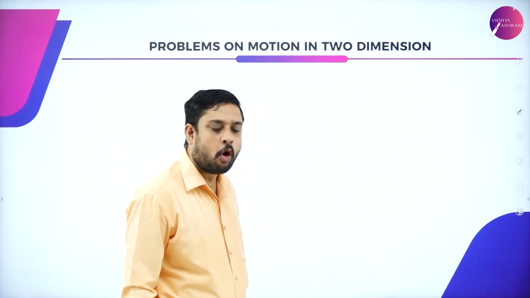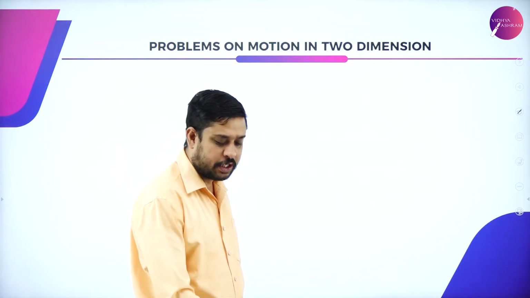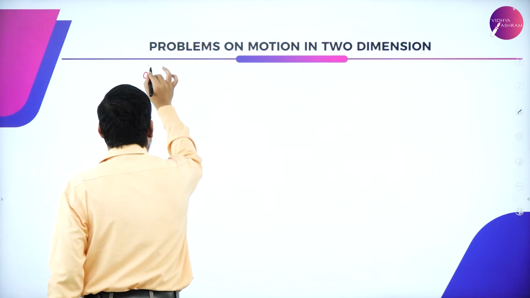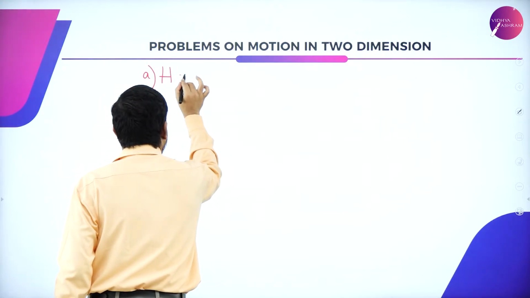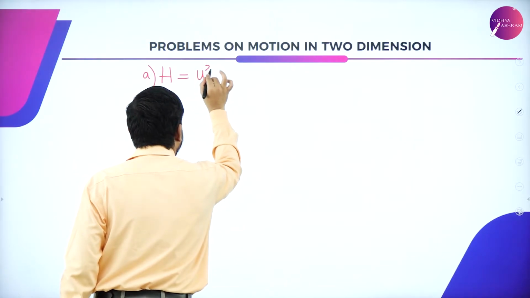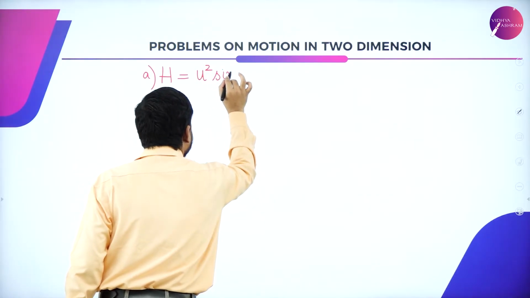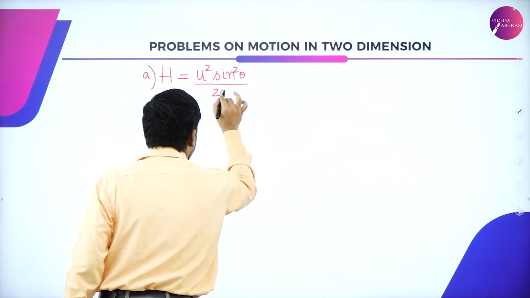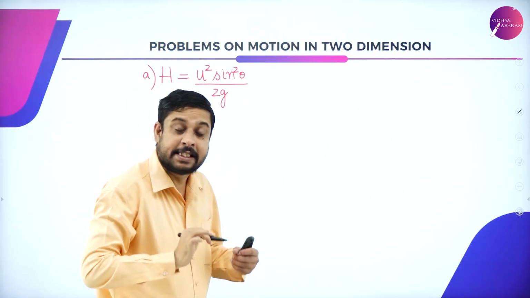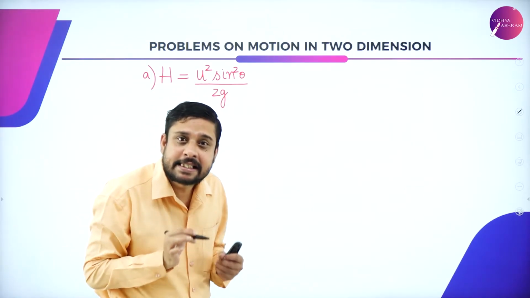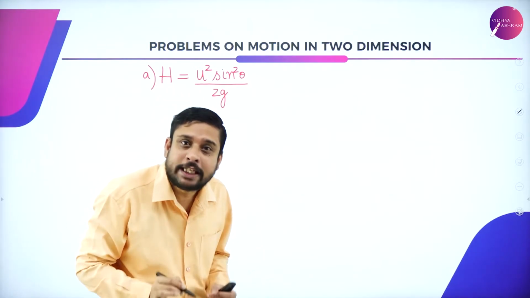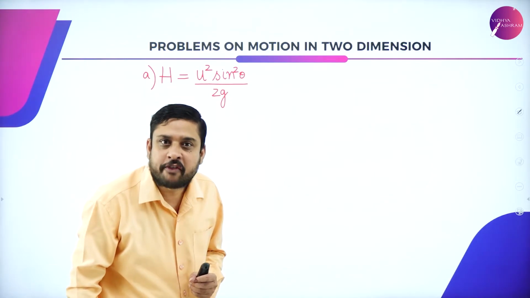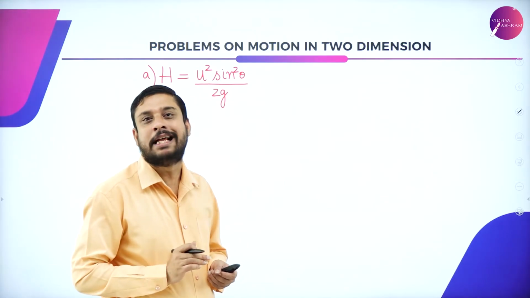So, all of us know the expression for maximum height. So, maximum height is given by u square sin square theta by 2g. It is mandatory in this chapter you thoroughly know the expression for maximum height, time of flight, and horizontal range.